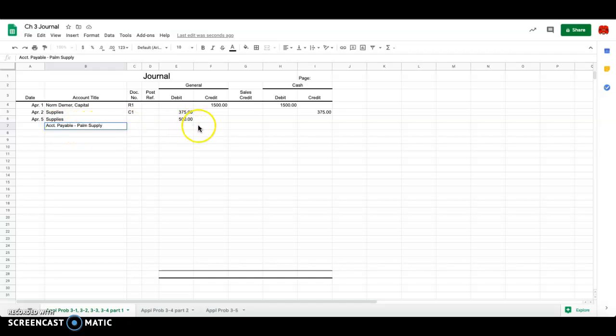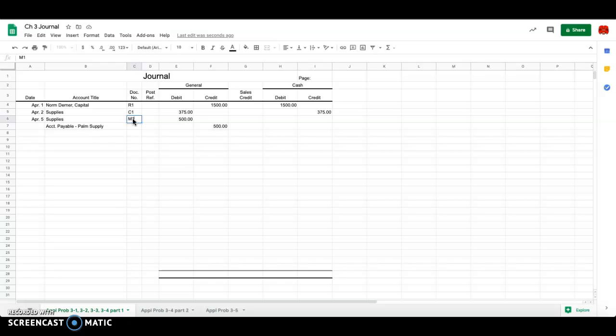And I'm going to go over here then, and I know that it's a credit because I already have my debit. Plus, I know that Palm Supply is a liability and that we increase liabilities with a credit. Because what this is telling me is that I bought supplies, but I haven't paid for them. So we have to show that we owe $500 now. Okay, then our source document is a memo.